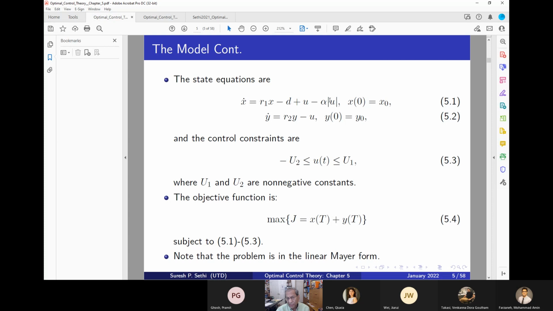So the commission is based on the absolute value of U. Remember, the absolute value of U is not allowed in our formulation because we are assuming that the function f, in x dot equal to f, is continuously differentiable in all its arguments, but the absolute value of U is not continuously differentiable at U equal to 0.